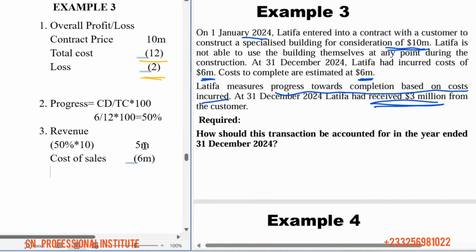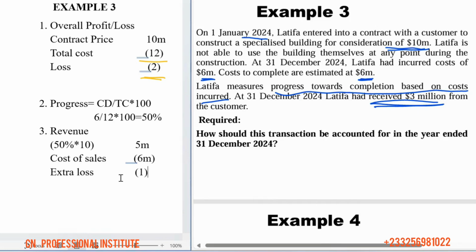So when we do 5 minus 6, we have 1 million. But the total loss is 2 million. Are you following? So we have to record extra loss of 1 million, so that we can cover all the 2 million loss. We have something called extra loss, which is also called provision for onerous contract. So we have so many names, either extra loss or provision for onerous contract, or just normal provision. So I'm saying we have to record extra 1 million.